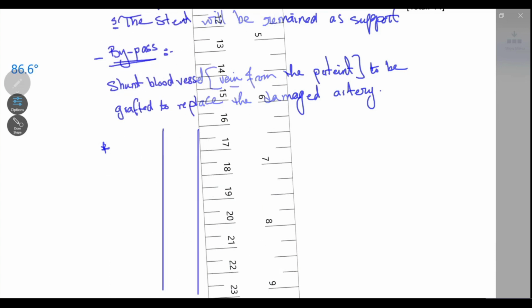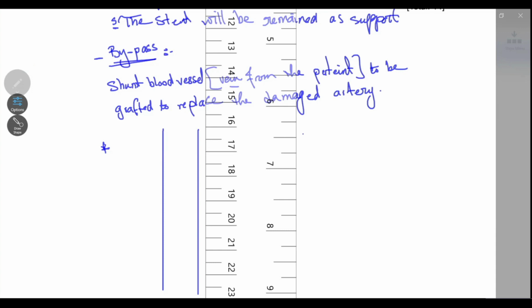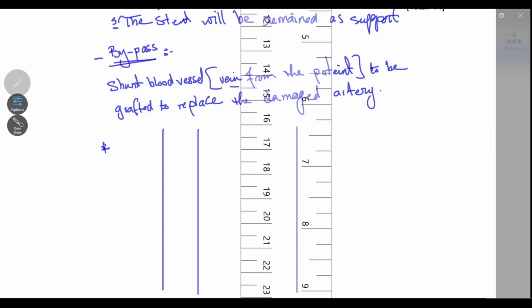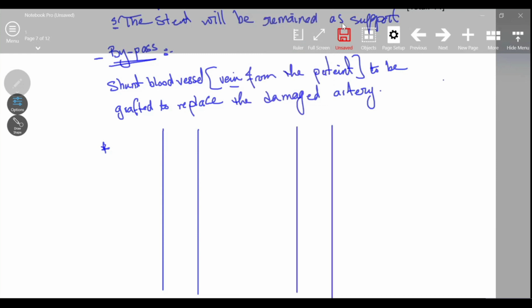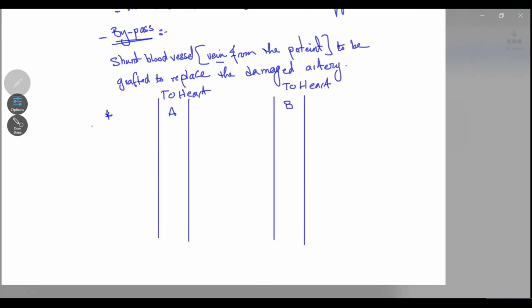This is blood vessel A, for example, and this is blood vessel B. Here, for example, to the heart, and here to the heart.